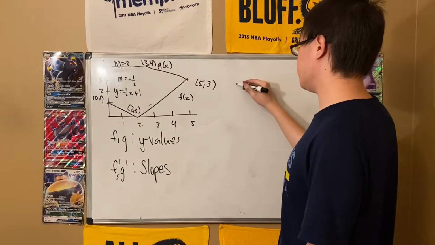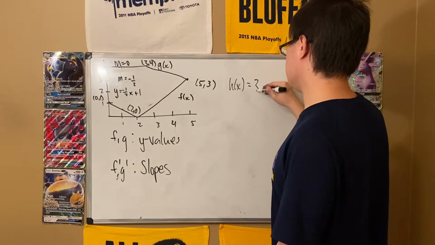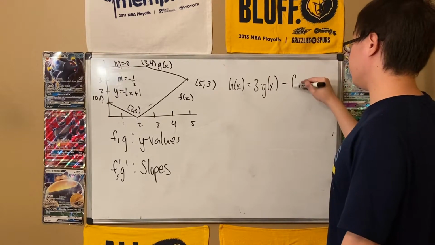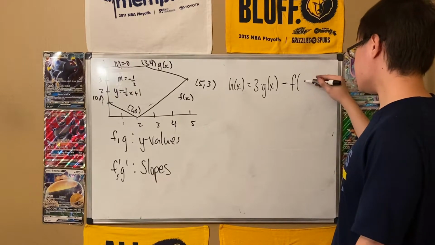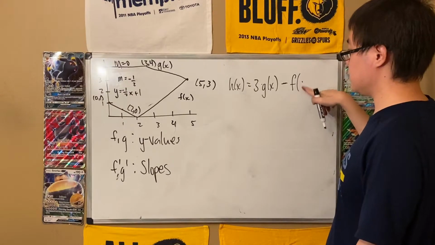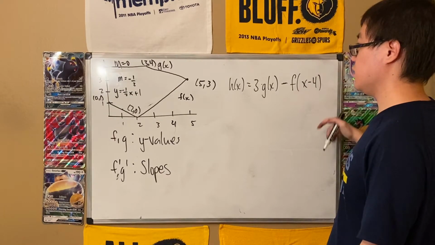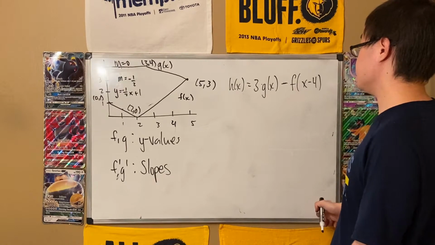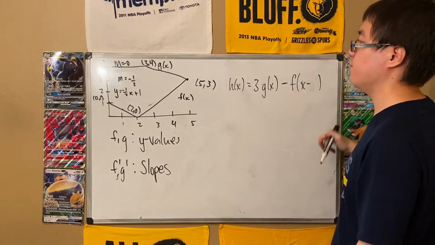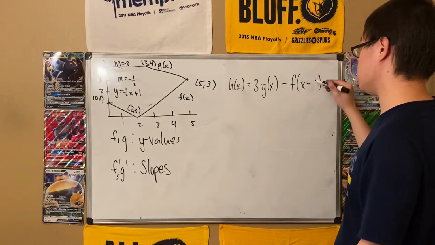Let's do h of x equals 3 times g of x minus f of 2x, I want x minus 3.